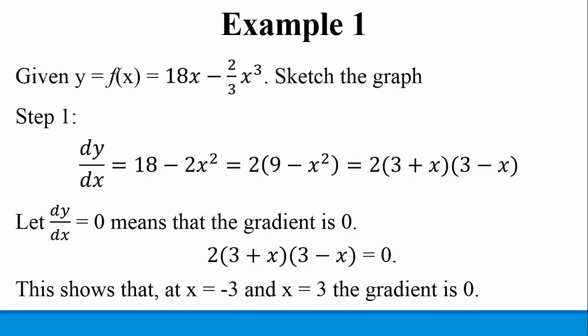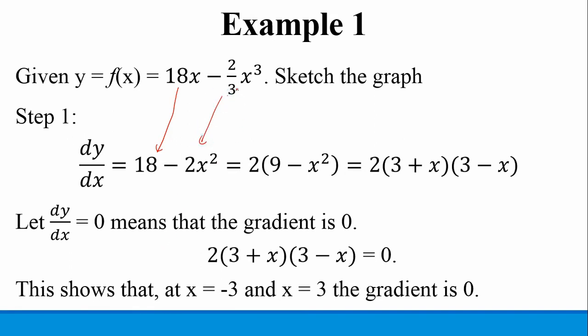Let's say for the first example, you have the equation y equals 8x minus 2 over 3 x to the power of 3. You want to sketch the graph. First step, differentiate this: 8x becomes 8, and 2 over 3 x to the power of 3 becomes 2x to the power of 2.